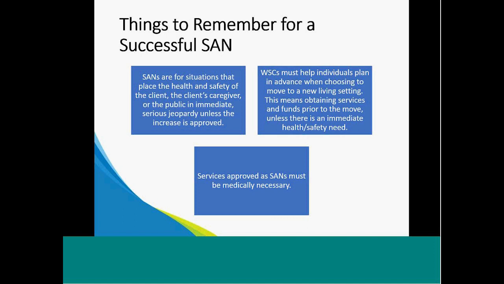It has to be consistent with generally accepted professional medical standards as determined by the Medicaid program, and not experimental or investigational. It must be reflective of the level of service that can be safely furnished, and for which no equally effective or more conservative or less costly treatment is available statewide. And it must be furnished in a manner that's not primarily intended for the convenience of the recipient, their caretaker, or the provider. Those are things we always look at for every SAN determination.